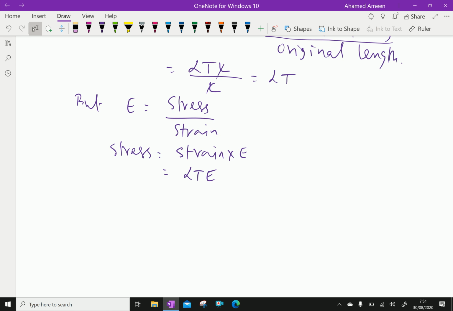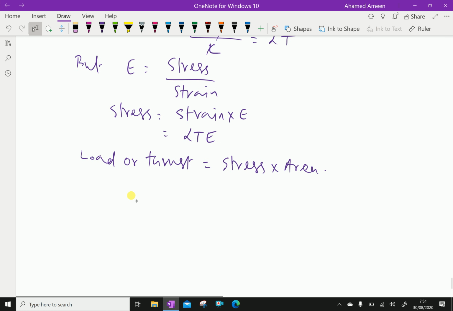The load or thrust is given to prevent the expansion. Thrust equals stress into area of cross section of the rod. We can write this as alpha TEA.